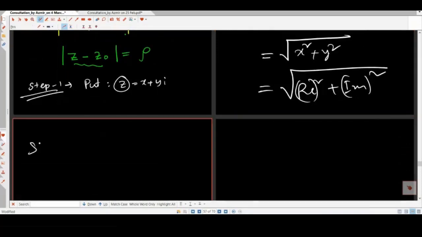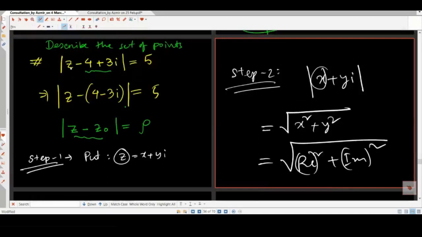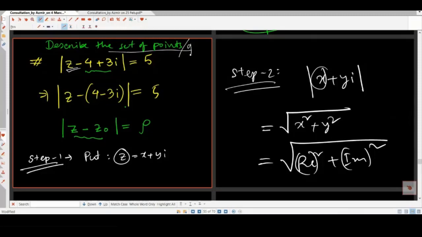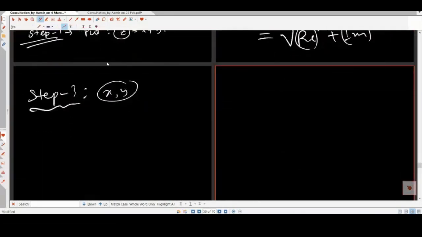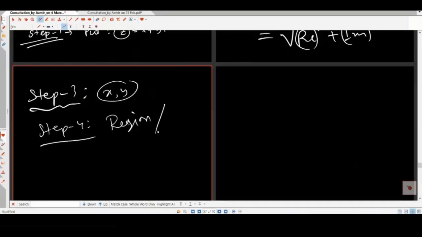In step 3, we do some algebraic calculations so that we reach an algebraic equation in x and y. There will be no z anymore. We want to describe the set of points, which means we need to draw the graph for this equation. And in step 4, we draw the region, that means we draw the graph.